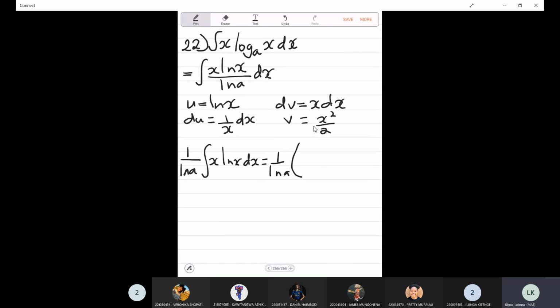So we have x squared over 2 ln of x, and then minus the integral of v times du. So minus the integral of v, which is x squared over 2, and du is 1 over x dx. And then we close our bracket here.